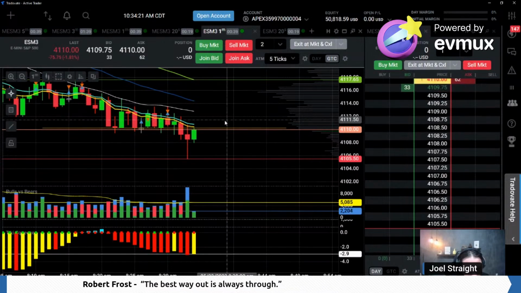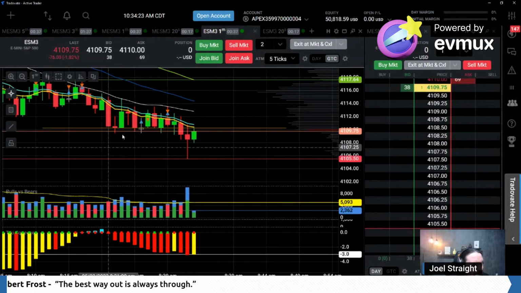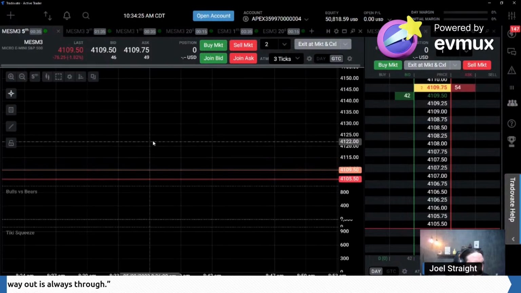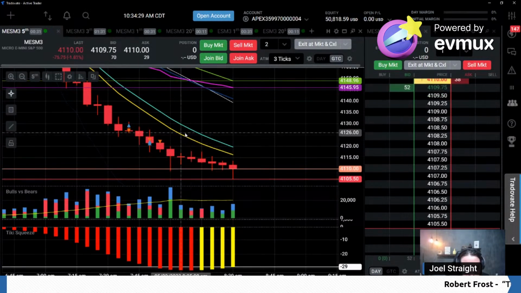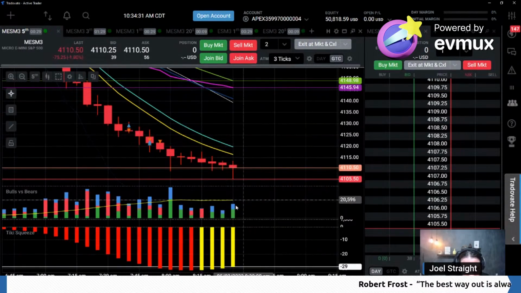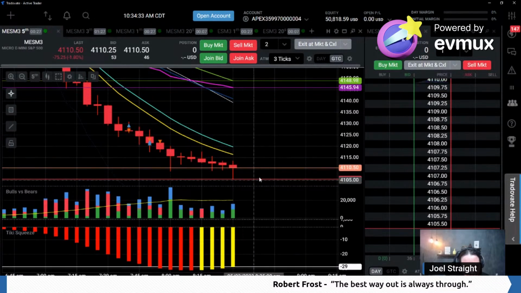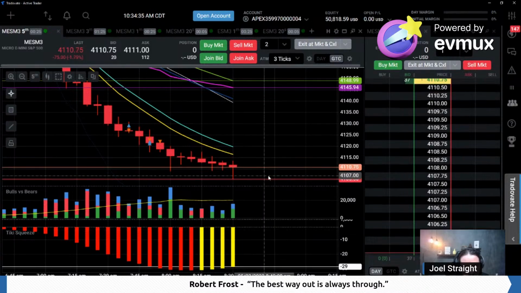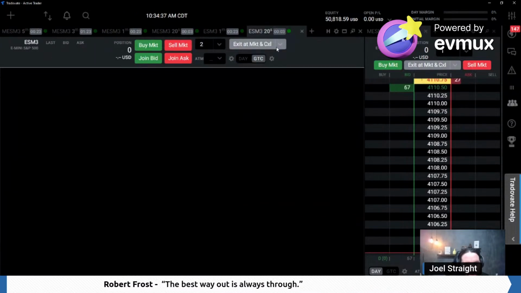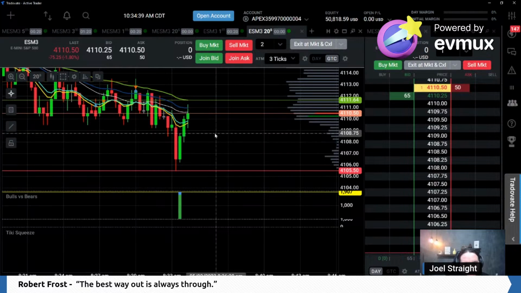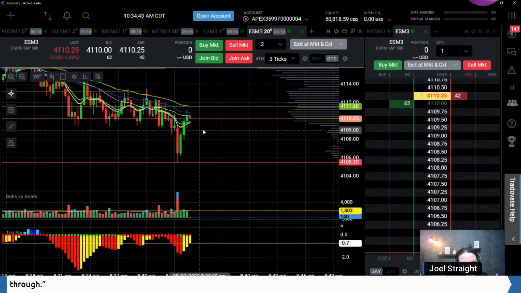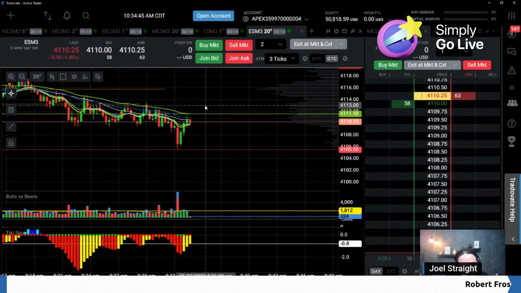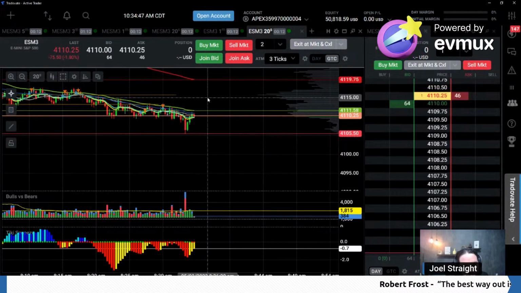Another red to yellow on the 1 minute. What's the 5 minute doing? 5 minutes still stacking up yellow. So still putting in red candles, but still stacking yellow on the TTM. So I think we are going to get a trend reversal today is what I feel. And that trend reversal is going to be a volatile, crazy time.